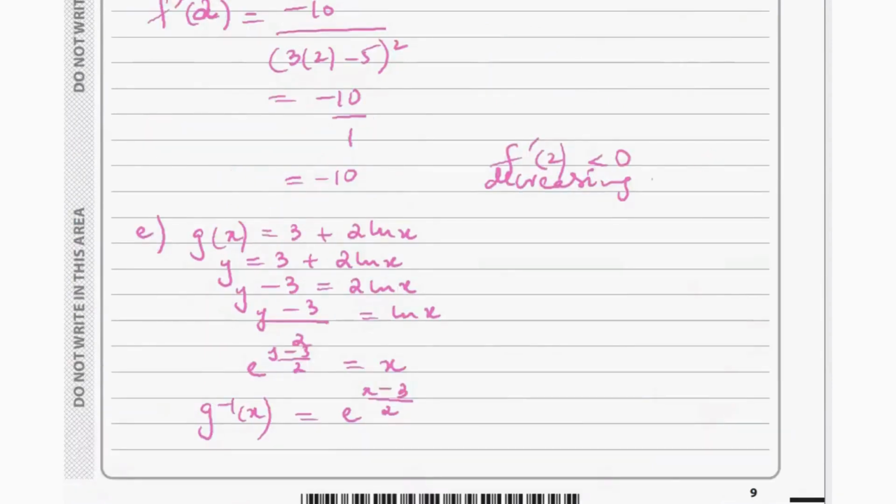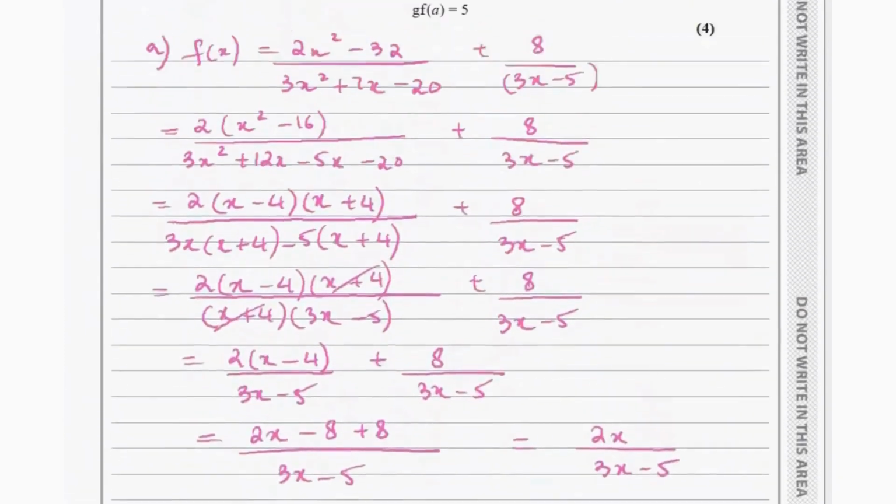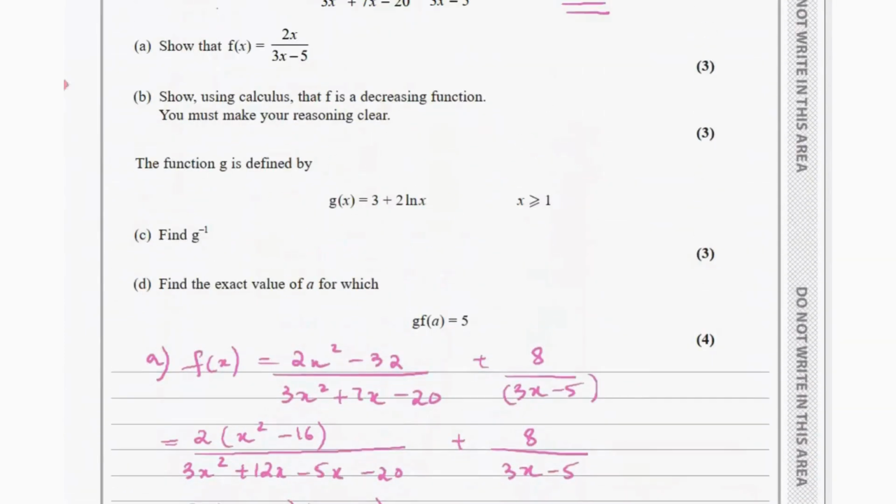And for the domain of the inverse, if we go back to the question, it has clearly stated that the domain of the original function is x is greater than or equal to 1. So g of 1 is 3 plus 2 ln 1. ln 1 is 0, so at x equals 1, the function is equal to 3.